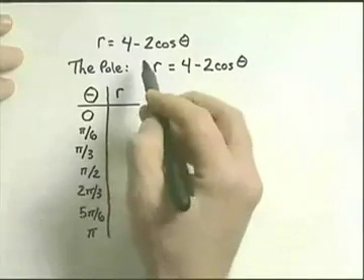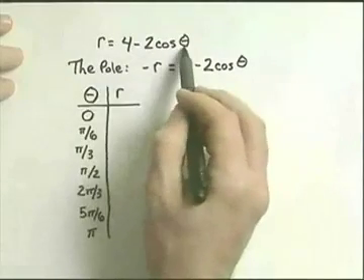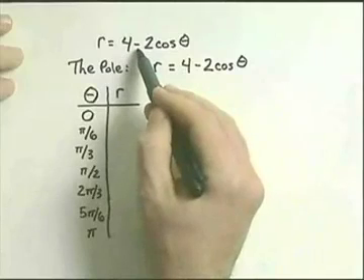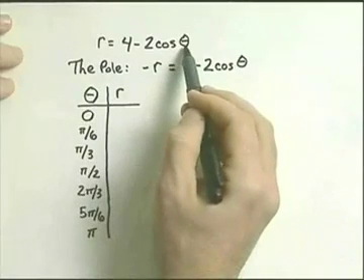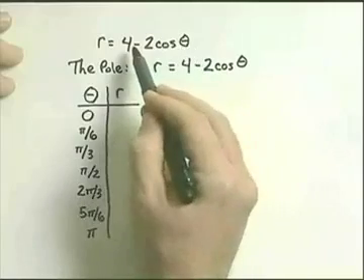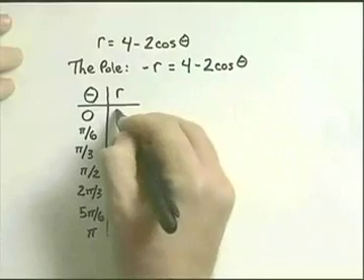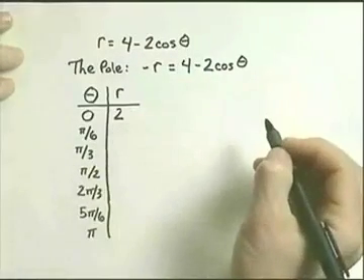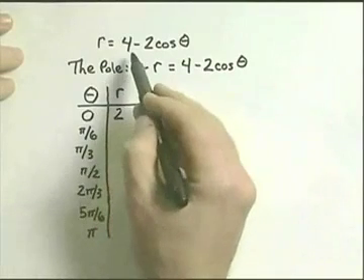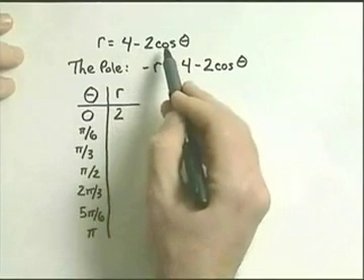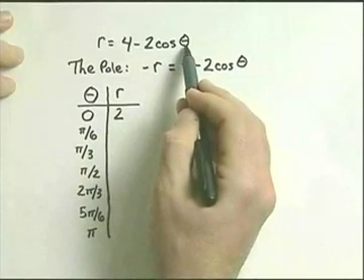What I now do is substitute these values of theta into my equation to find the corresponding values of r. For example, when theta is 0, I have 4 minus 2 times the cosine of 0. The cosine of 0 is 1, so I have 4 minus 2, therefore the value of r is 2. When theta is pi over 6, I get 4 minus 2 times the cosine of pi over 6.